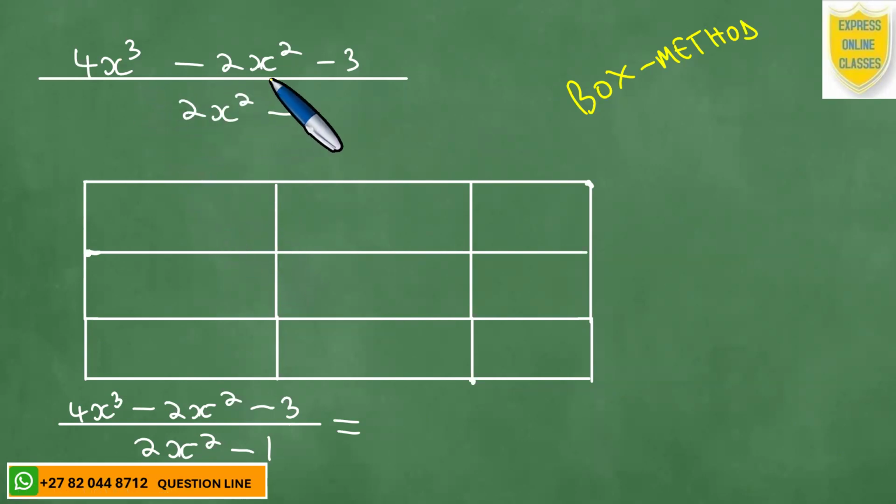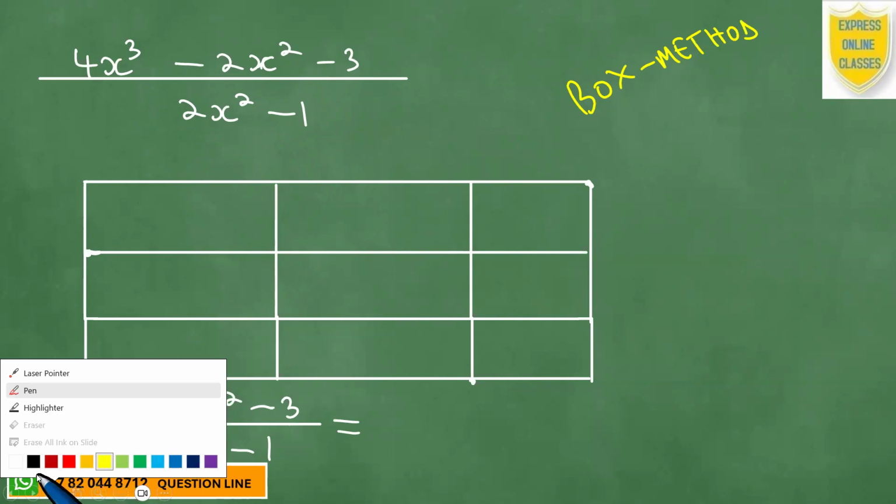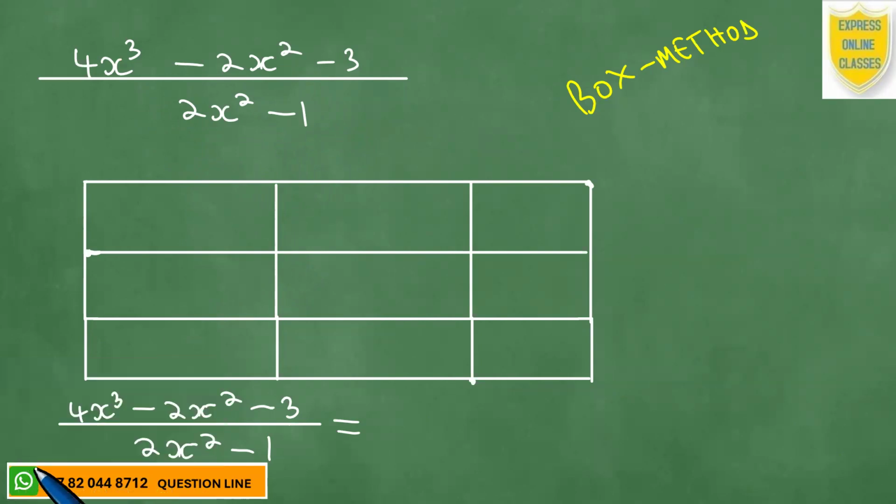4x cubed minus 2x squared minus 3, all divided by 2x squared minus 1. And now we continue as follows. In the division at this point, we're looking at the leading terms. We have x cubed divided by x squared, which is x.